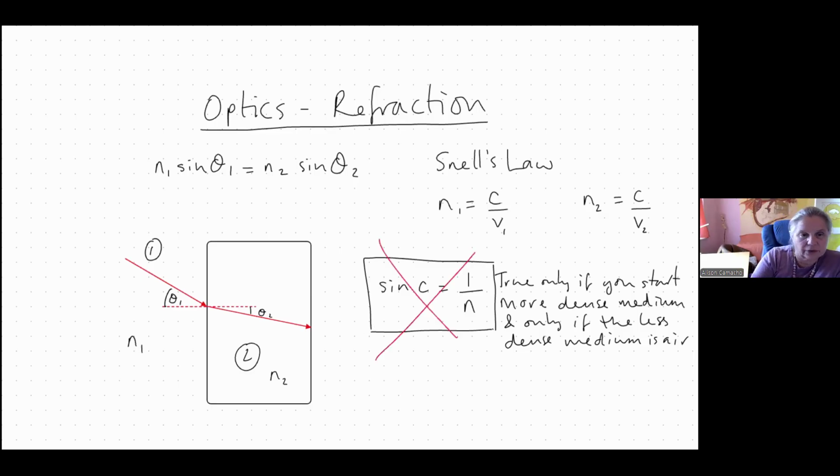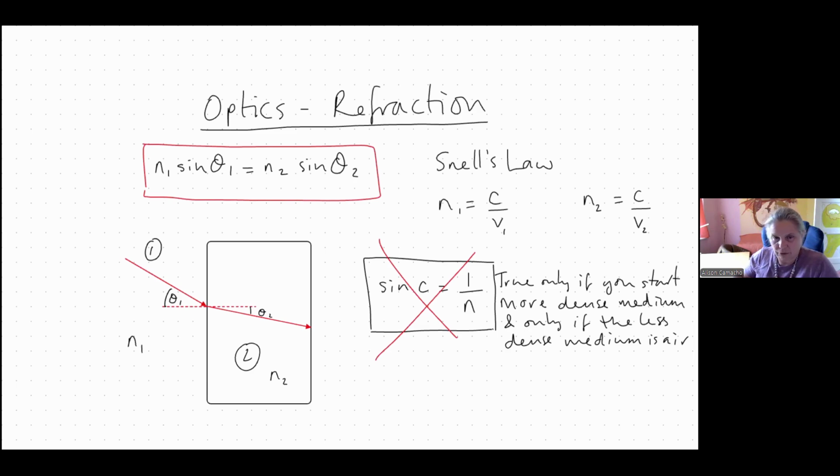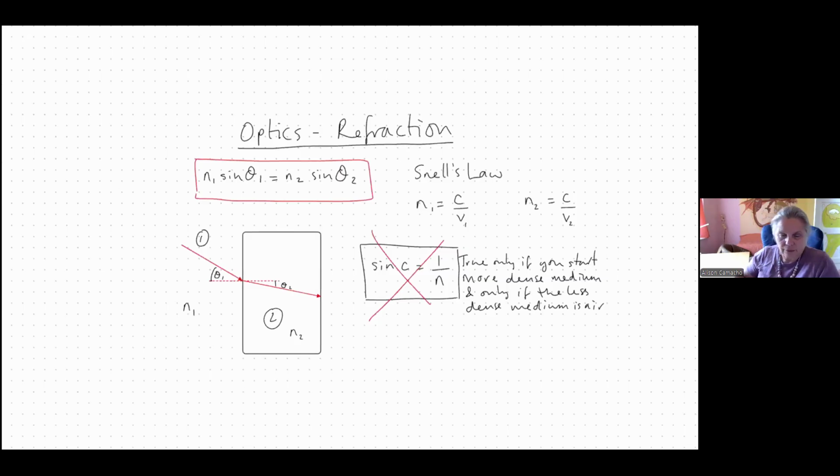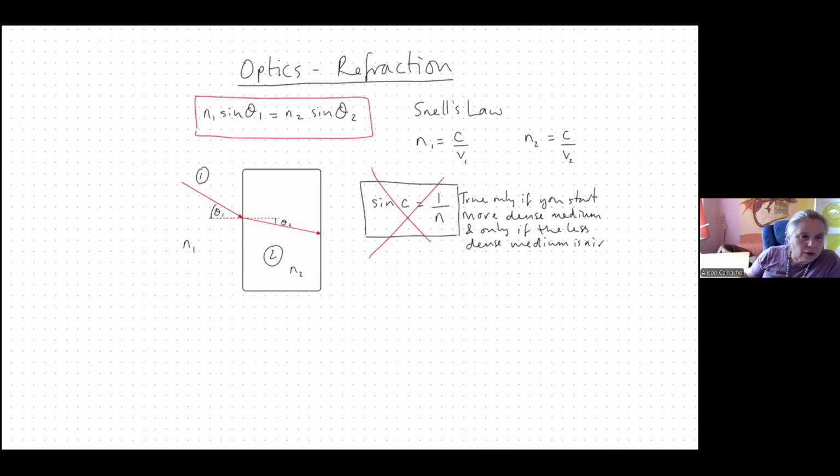I would much rather that you use this one. So how do you find the critical angle using the Snell's law equation that I prefer? This is what you have to do. Let's make that slightly smaller. I want you to start in the more dense medium.